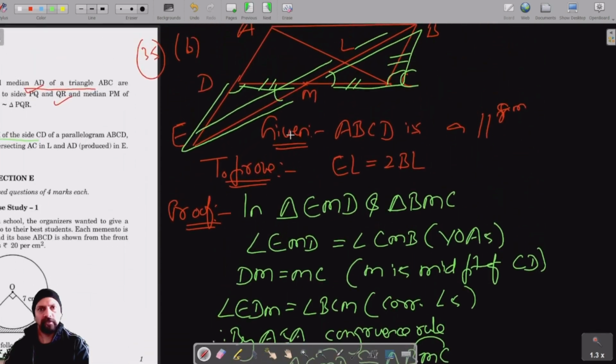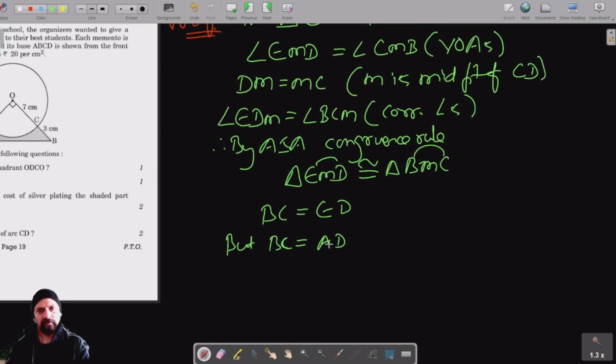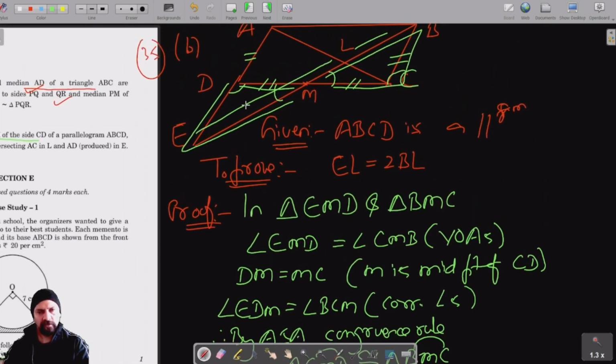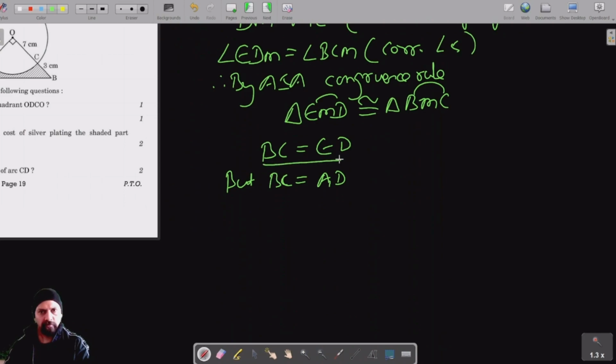So BC is equal to ED, and BC is equal to AD. This is because of the corresponding parts of the congruent triangles, and BC is equal to AD because opposite sides of a parallelogram are equal.